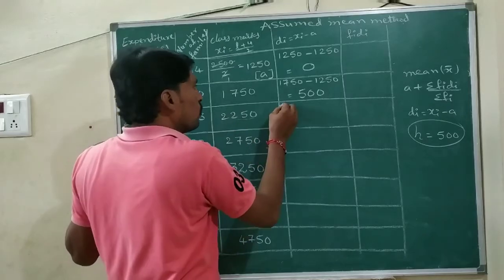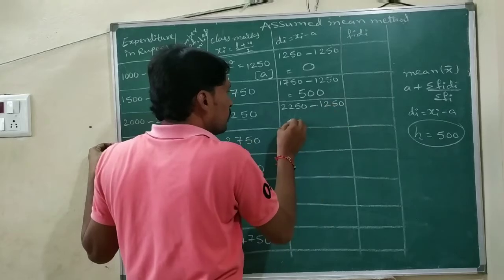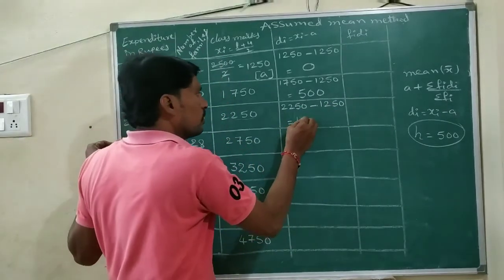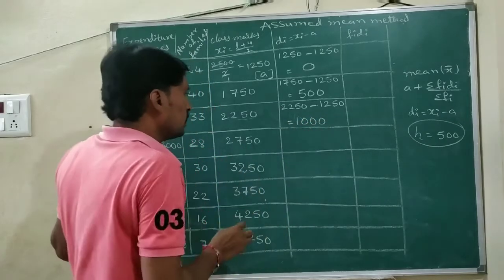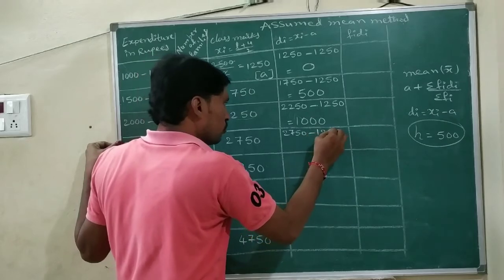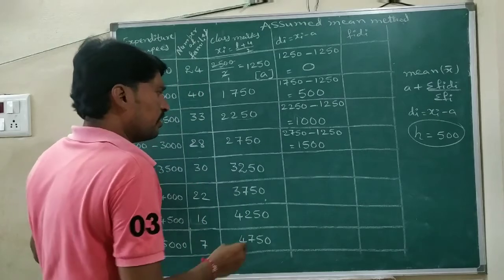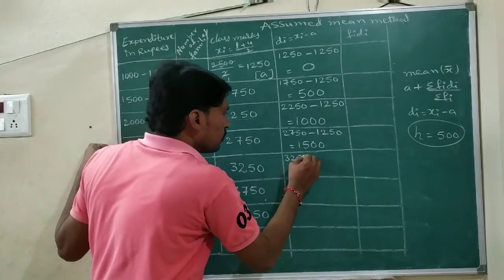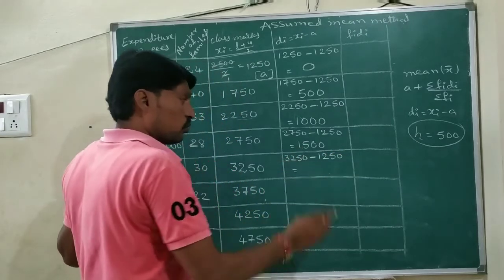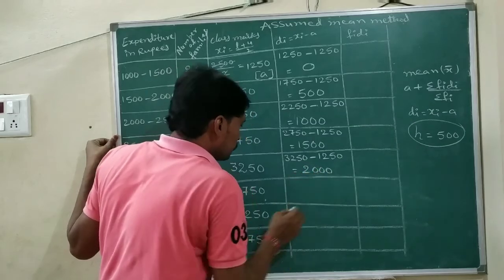Next class mark Xi is 2250 minus A, which is 1250, so 2250 minus 1250 gives 1000. Next Xi is 2750 minus 1250, that equals 1500. Next is 3250 minus 1250, we get 2000.